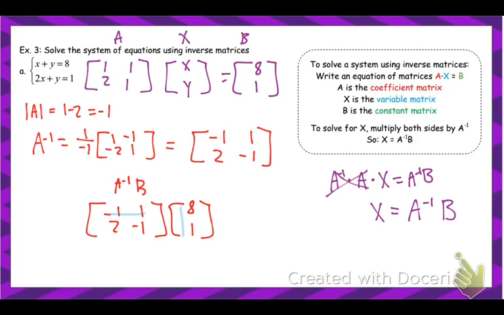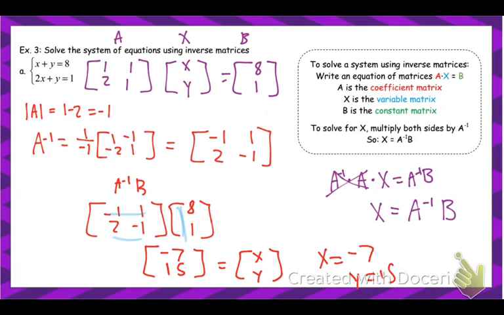That's going to give me negative 8 plus 1. Then again row by column, that's going to give me 16 minus 1. And if that matrix is equal to x y, it's easy to see now that x is equal to negative 7 and y is equal to 15. All right, so that's another way that we can use matrices to solve systems.